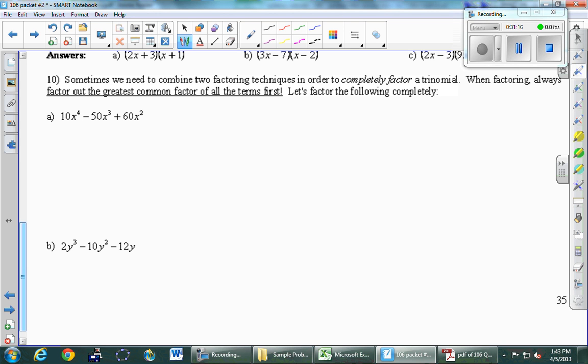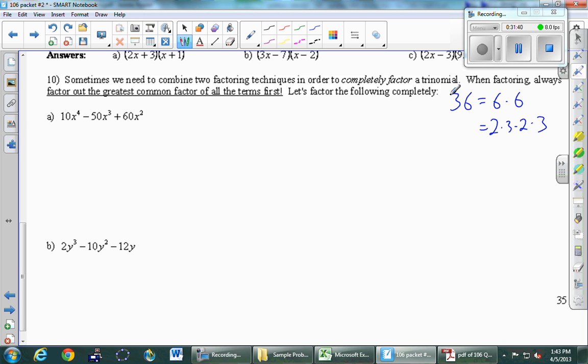So let's look at a numerical example. What if we had the number, let's do 36. Can you factor 36? 6 times 6, yes? Can you factor those 6's any further? We can. So this is really 2 times 3 times 2 times 3. Can we factor the 2 any further?